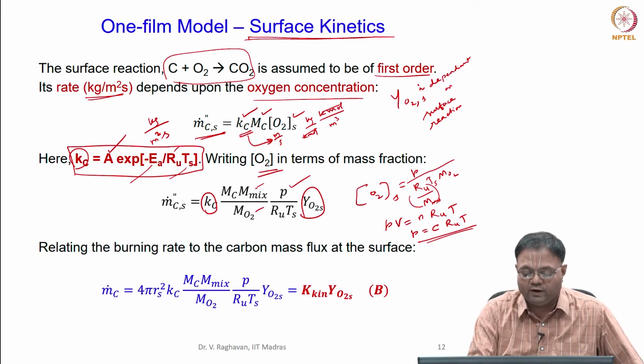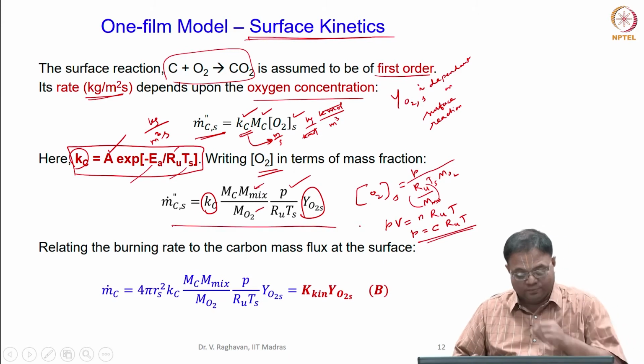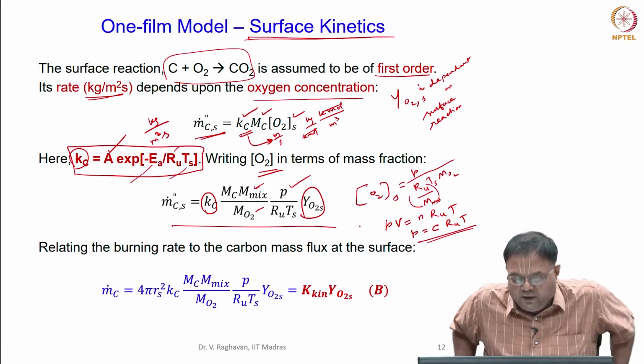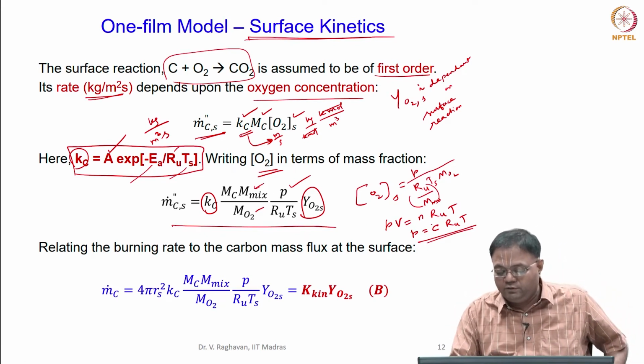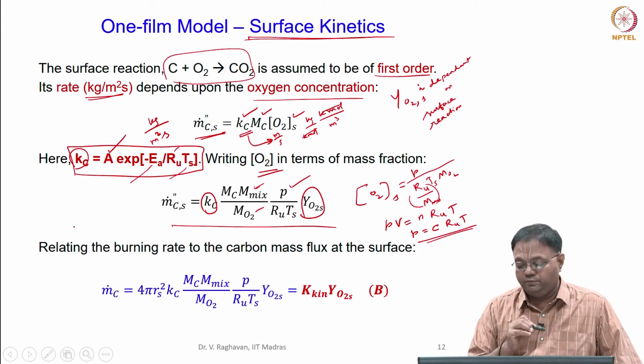I have to multiply by the molecular weight of the mixture by the molecular weight of O2. So P by Ru T will give you the concentration, correct. When I do this, using this equation plus the mole fraction to mass fraction conversion, I get this equation.